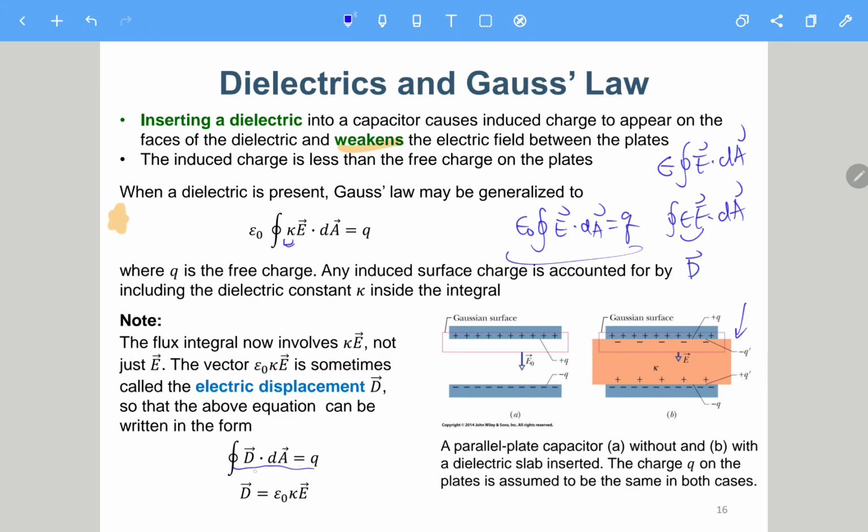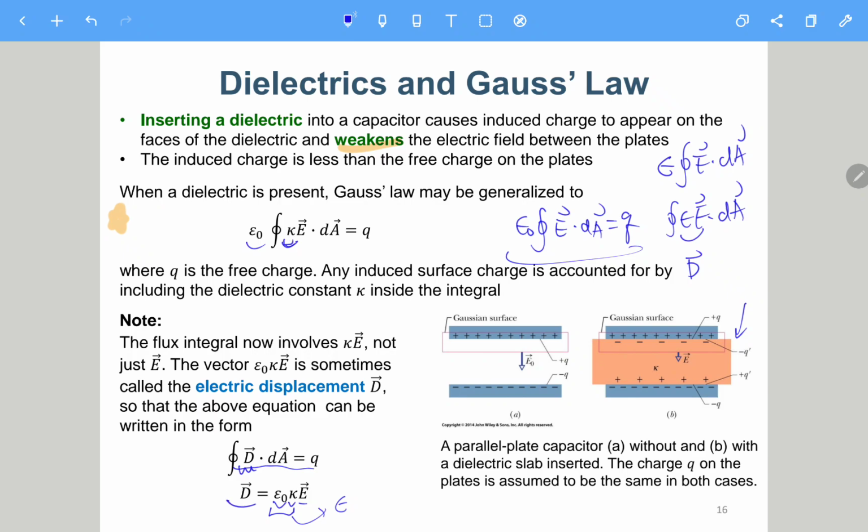Sometimes you make it like D vector dot dA. D is epsilon naught times kappa times E, and some textbooks even define it as an epsilon for different materials, but for this textbook kappa and epsilon naught occur independently. So if we have a dielectric, we need to consider this kappa here.